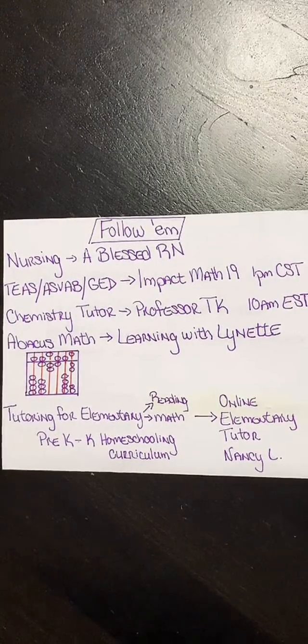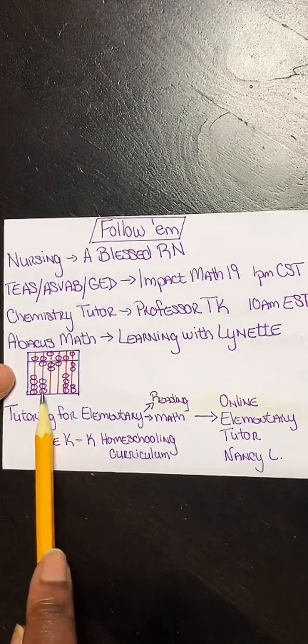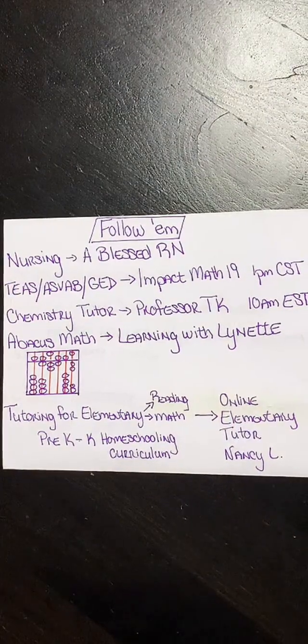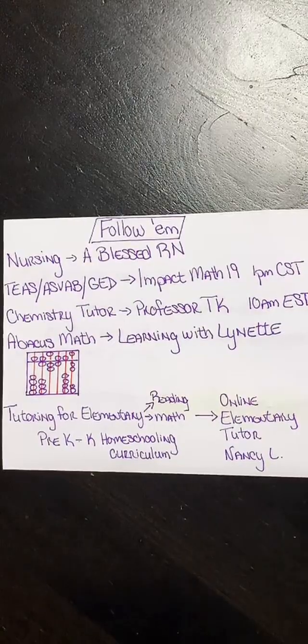So now there's no guessing. This has been the way that we've done math for centuries. It's an art form. So if you're really interested in learning that, please go follow Learning with Lynette. She's amazing with it. Heck, I learned how to do it by looking at her.